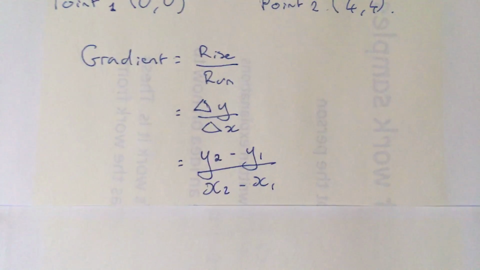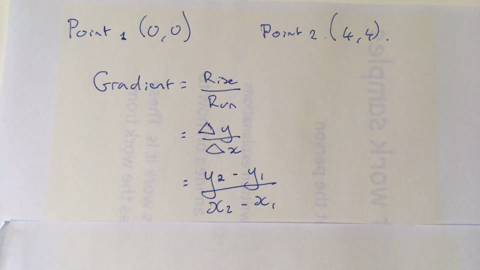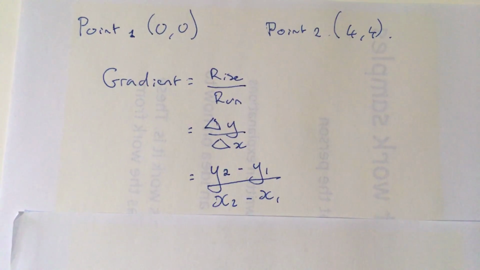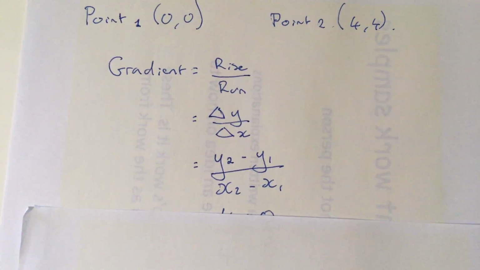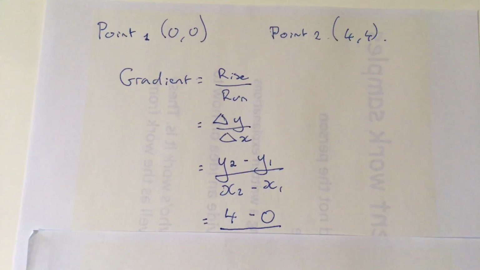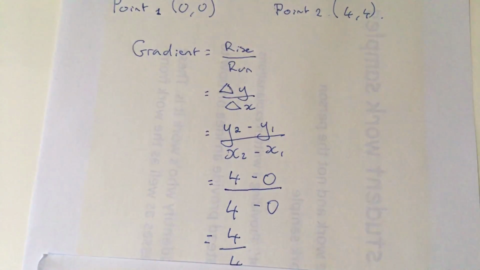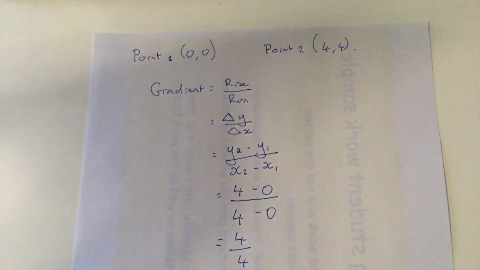So this is our formula here, y2 minus y1, so it's the y coordinate of point 2 minus the y coordinate of point 1, divided by the x coordinate of point 2 minus the x coordinate of point 1, which equals 4 minus 0 over 4 minus 0, or 4 over 4, which gives us 1.